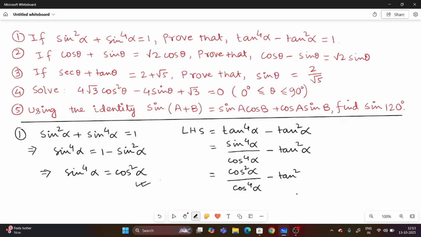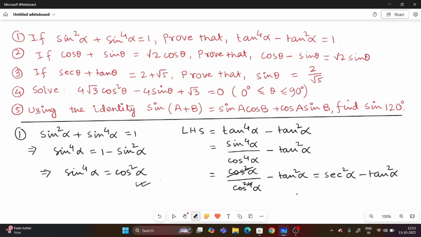minus tan square alpha. So cancel cos square alpha from numerator and denominator. We are getting 1 by cos square alpha, which is sec square alpha, minus tan square alpha, and this is a standard identity.